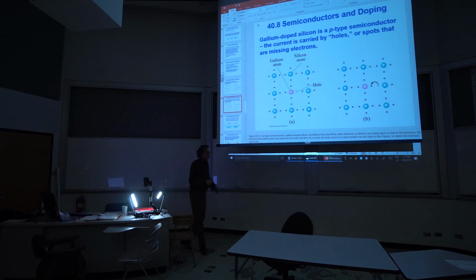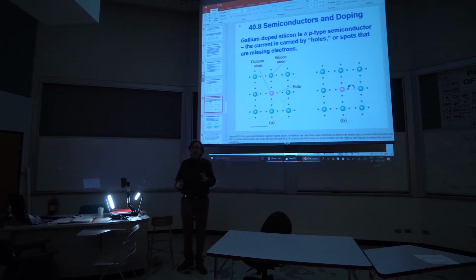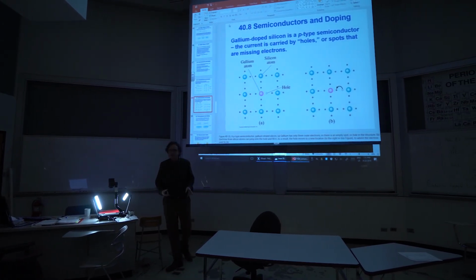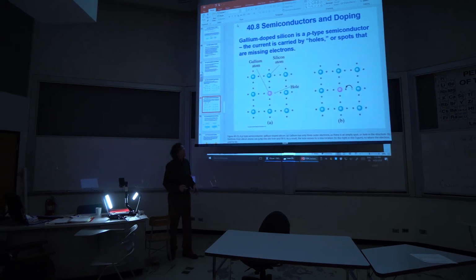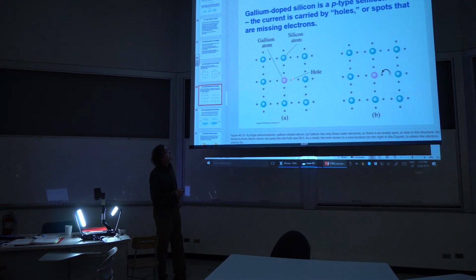And the difference between gallium and arsenic is that gallium only has 3 valence electrons instead of 5. So there's an unfilled electron site on the gallium atom, which means that there's going to be a very strong affinity from a neighboring atom to allow that electron from a neighboring silicon to jump into that gallium spot.